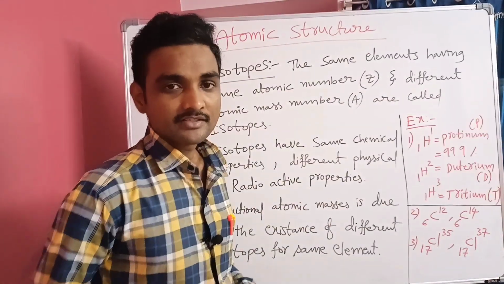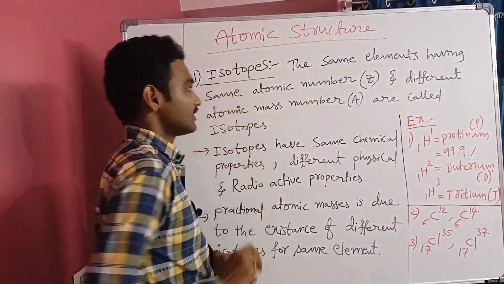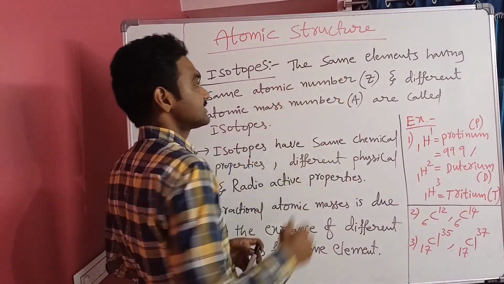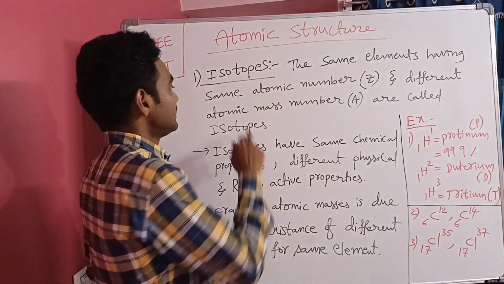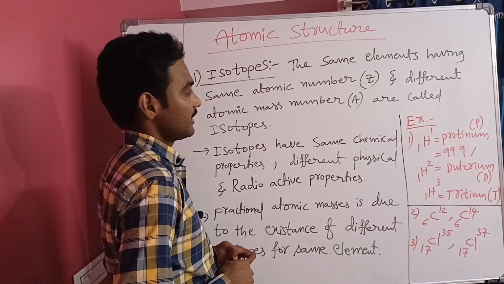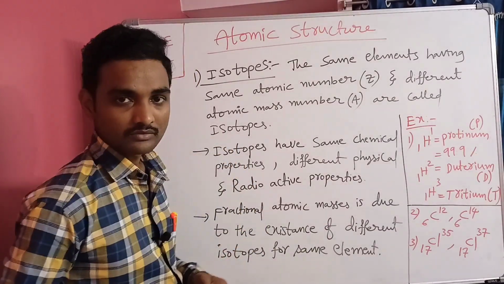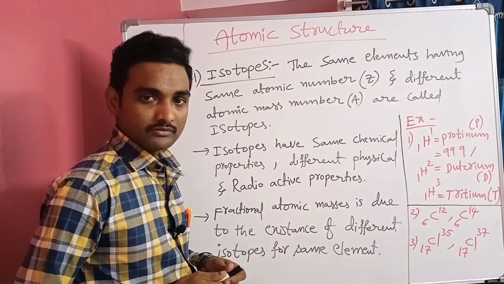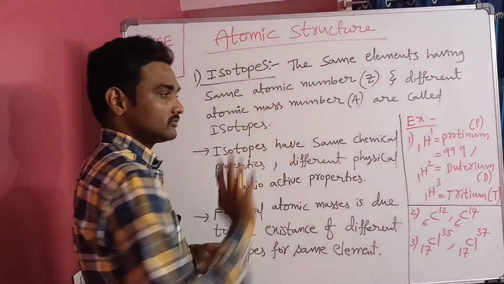Okay, next definition is isotopes. Let me discuss isotopes. What is an isotope? The same element having the same atomic number and different atomic mass number are called isotopes. Okay, simply same Z value but different A value.